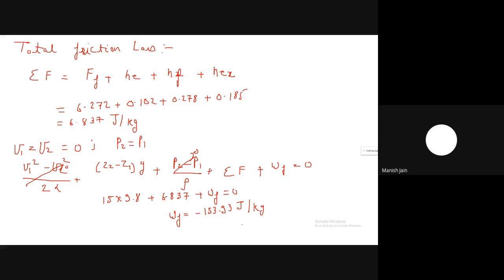For that, the power requirement should be equal to the specific energy requirement multiplied by the mass flow rate.